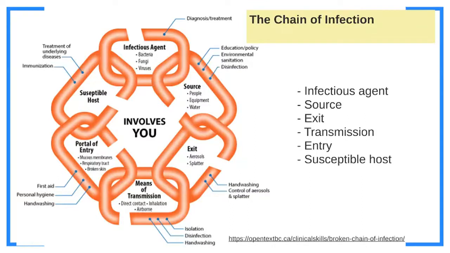The portal of entry is making sure that you have good hygiene. You again wash your hands frequently, and you are not putting your hands on your face. And a susceptible host is making all attempts to stay healthy, eat well, sleep well, and get the appropriate immunizations.